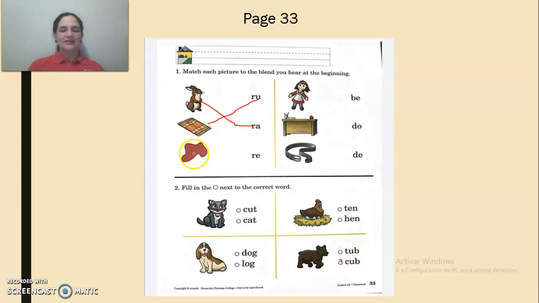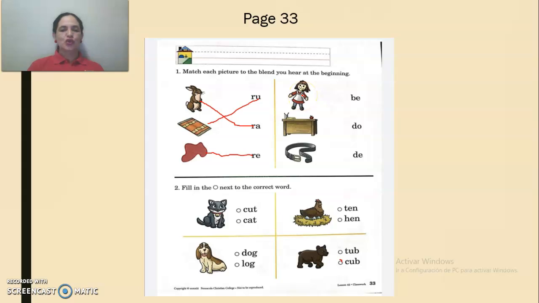And this is red. Red begins with the blend re? Yes. Let's match red with the blend re. Very good. We have to be careful. We have different blends here, so we have to be careful.